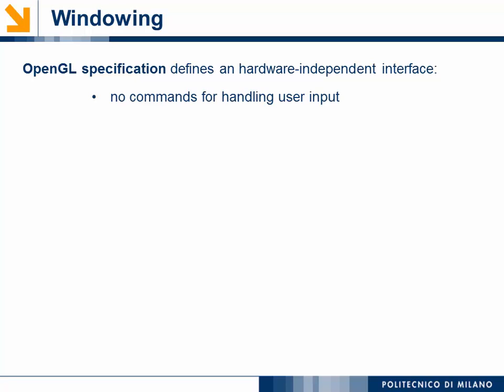So this comes with some limitations. First of all, you don't have any command directly in OpenGL or WebGL for handling user input. As I said, no commands for performing any windowing tasks. You cannot open a window, close a window, or reserve any portion of the screen to draw on, etc.